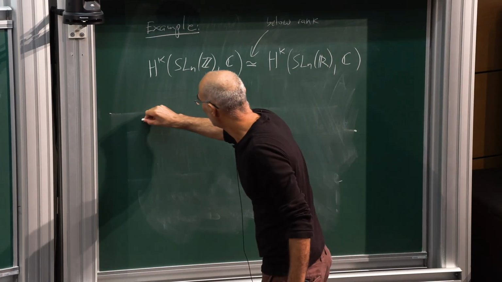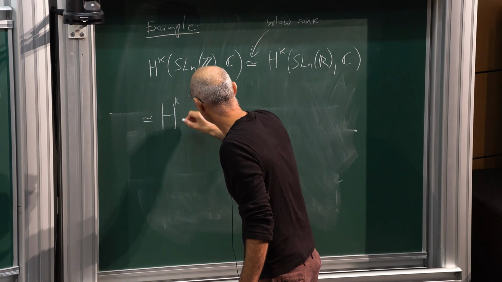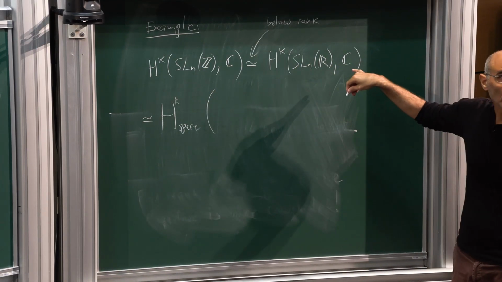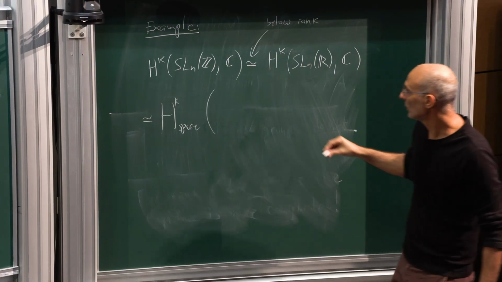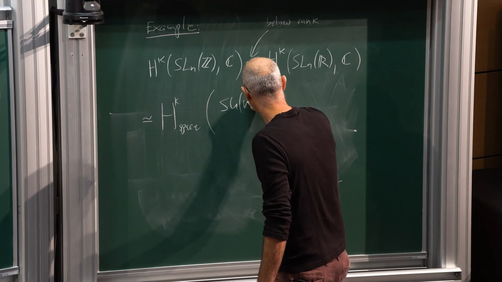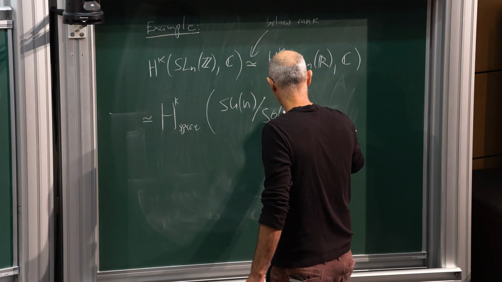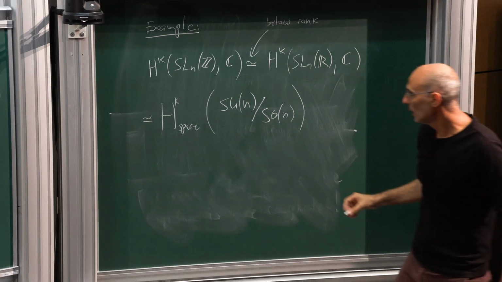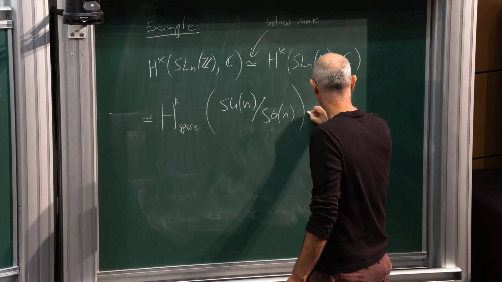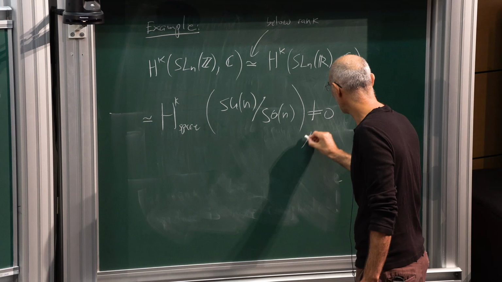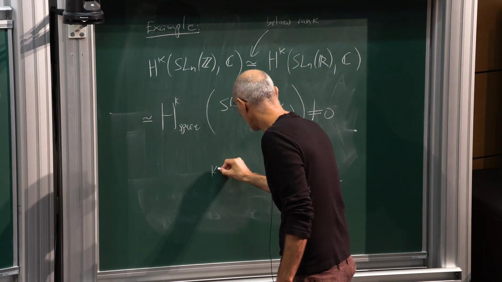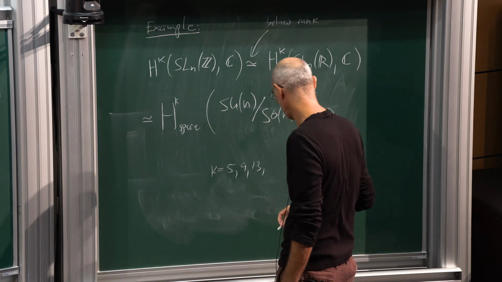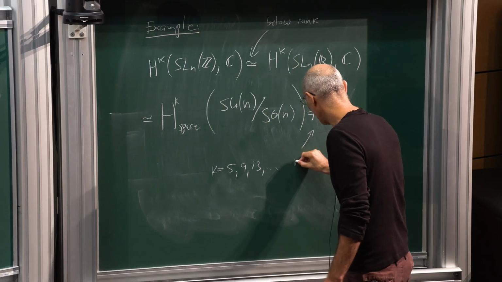This is the cohomology of the dual symmetric space, SU(n)/SO(n). And the cohomology of this space is well understood. And this does not vanish for k = 5, 9, 13, and large enough.